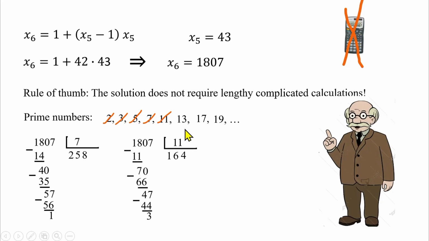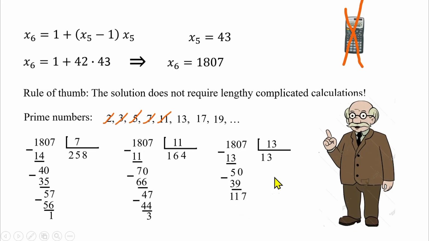Next is 13. We should be patient a little. 13, again 1, 5, 0, here is 3, 39, 11, 7. Here is a little bit more difficult.